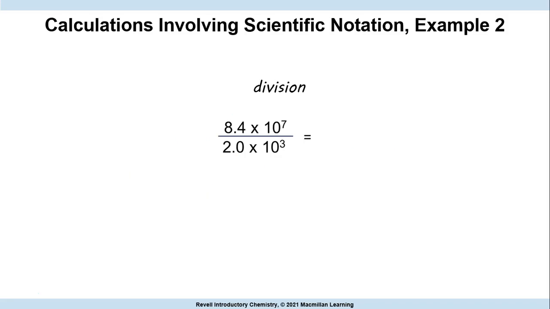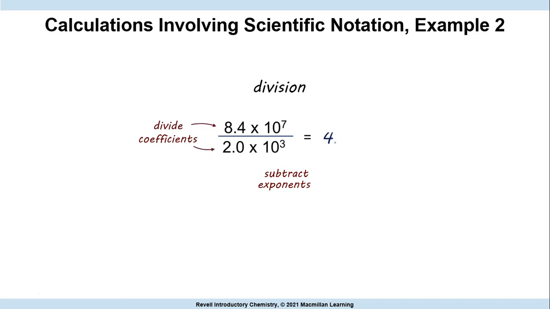Now let's look at the case of division. When we are carrying out division, we are going to divide the numerator by the denominator, and we are going to subtract the exponents. So for division, we subtract the exponents, and for multiplication, we add the exponents. So we are going to divide the coefficients, 8.4 divided by 2.0, and for the exponents, we are going to subtract 7 minus 3.